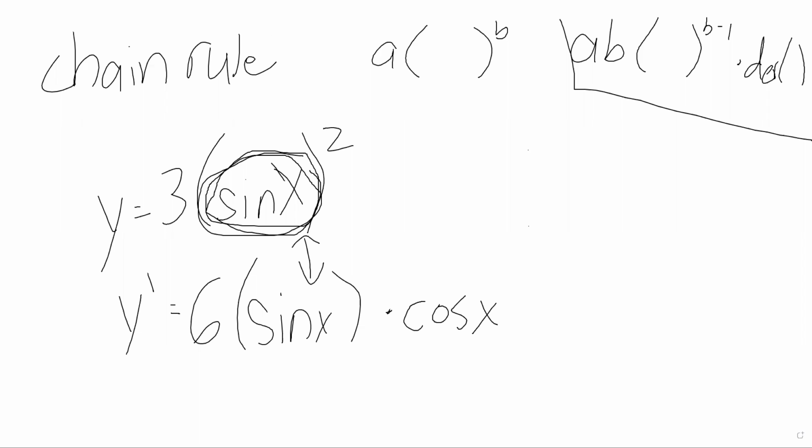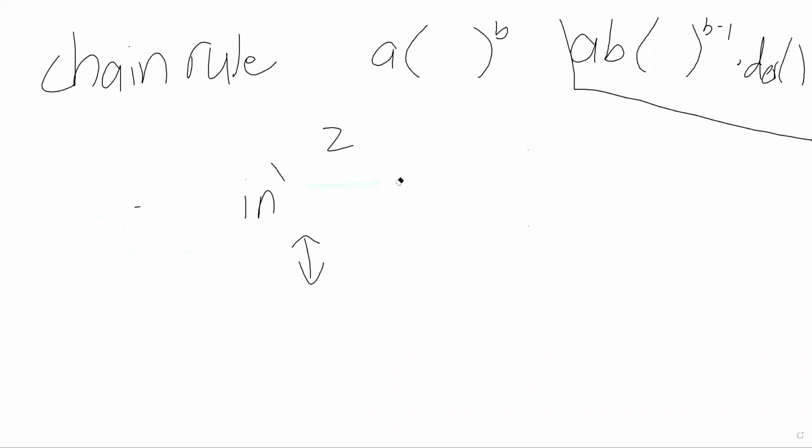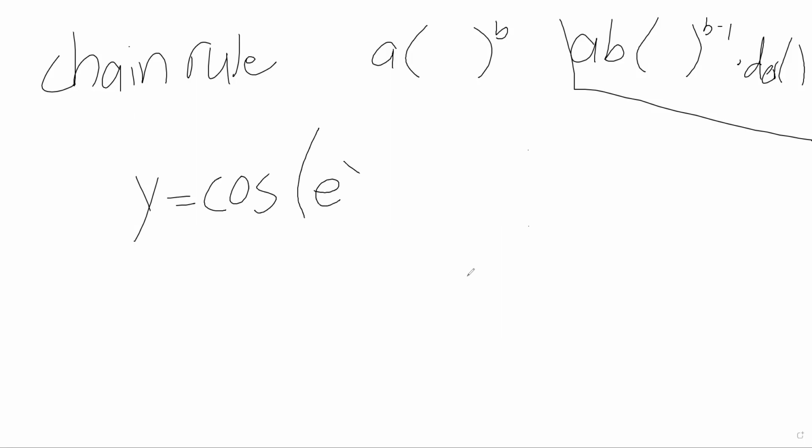So I'm just going to do another example, because this is the one that tends to be trickier. Let's say that we have y equals the cosine of e to the x. So how would you do this one?